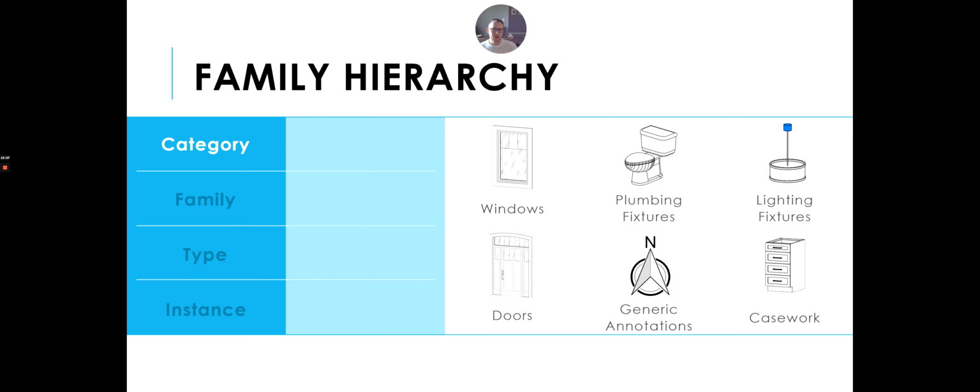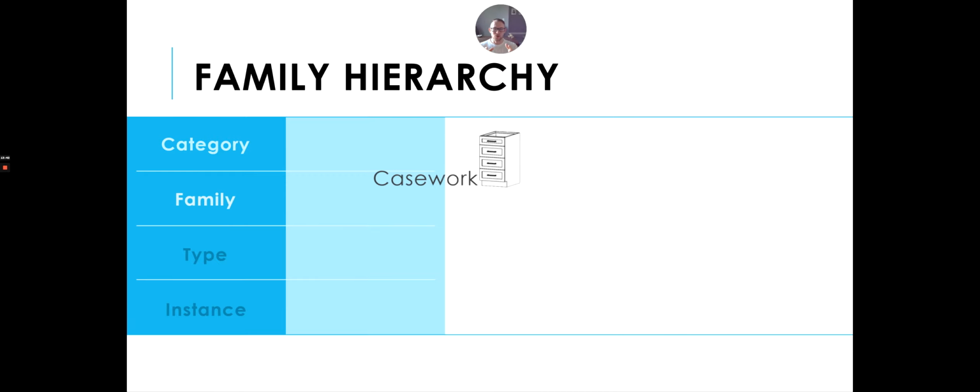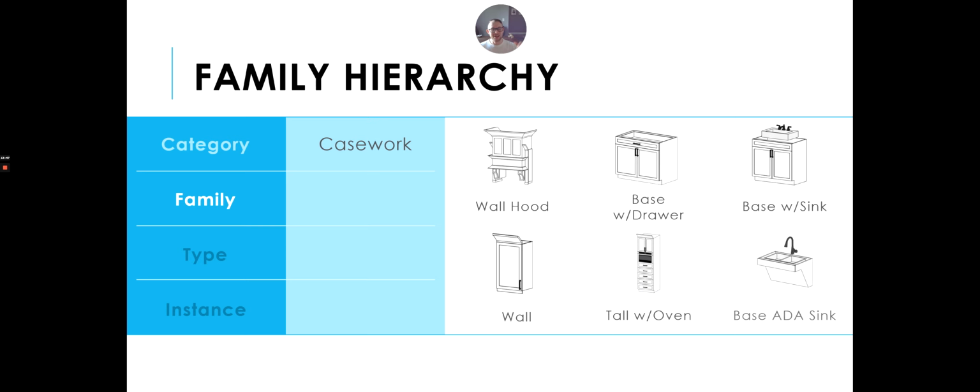What I'm showing you here is there's lots of different categories. There's windows, doors, generic annotations, plumbing fixtures, light fixtures, casework, to name just a few. Floors, walls, all of that. That's a category. Once you're in a category, that's where we talk about families. There's different families in a category.